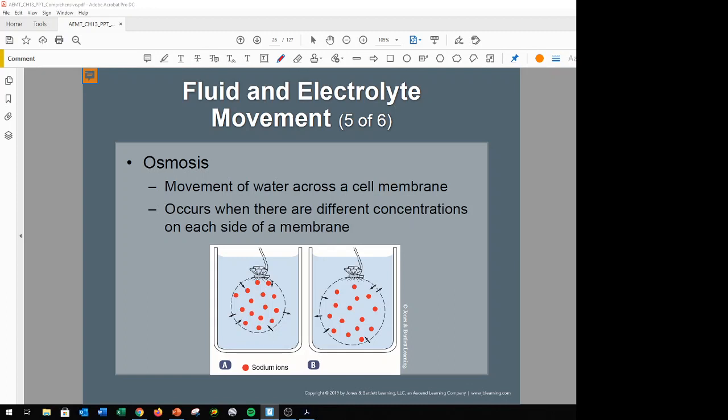There's another definition that we need to understand. It's called tonicity. The tonicity of the solution basically means the effect of osmotic pressure on a cell.